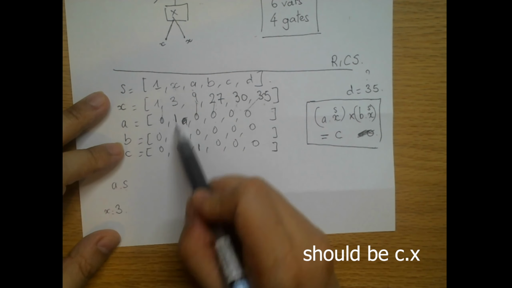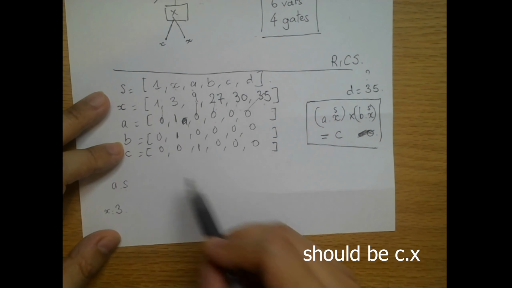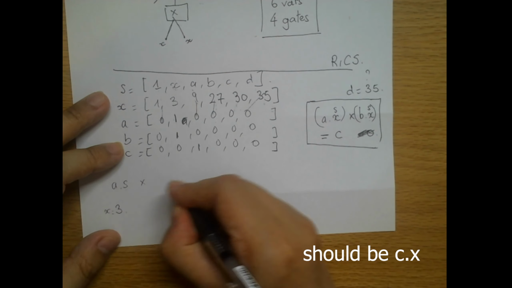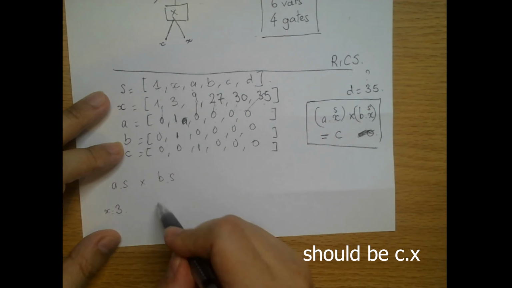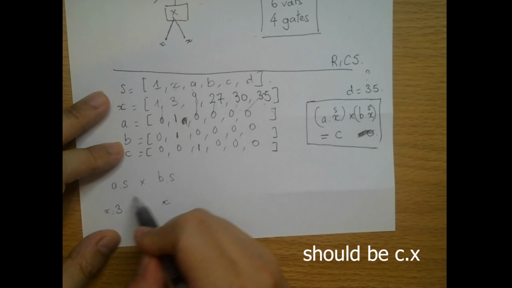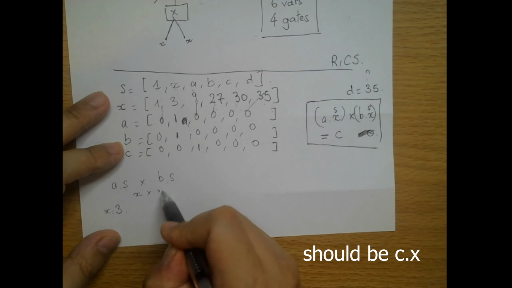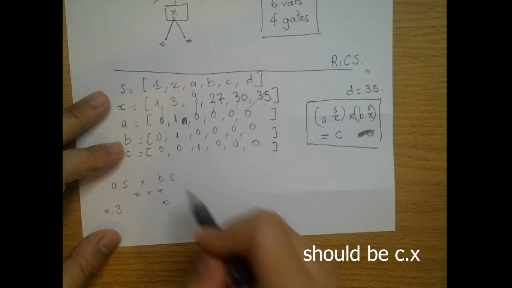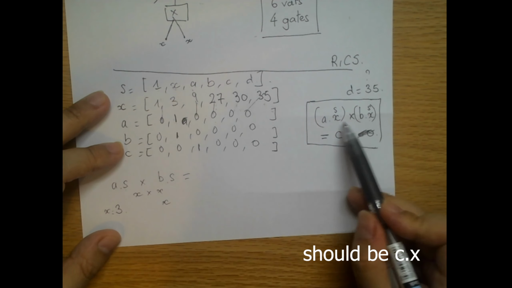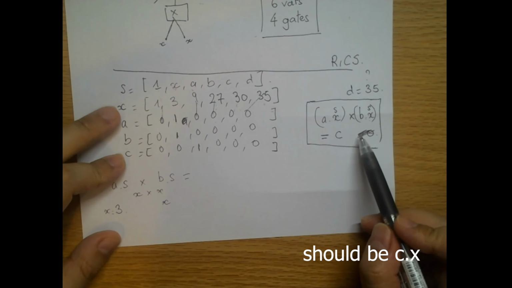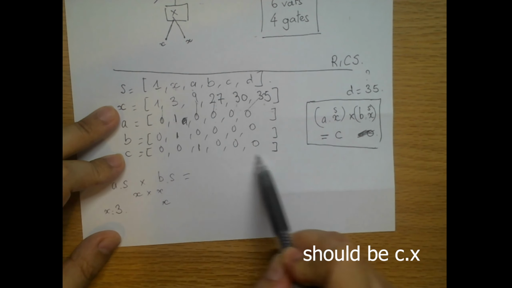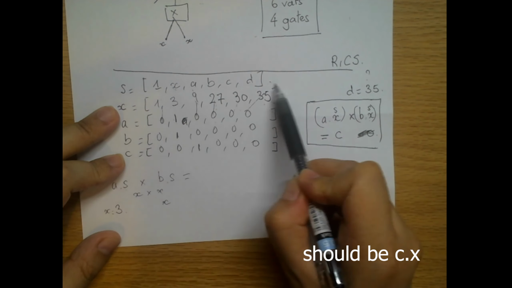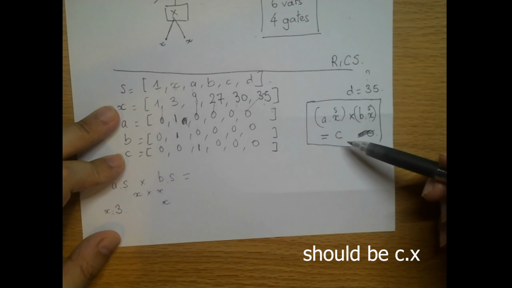And then B is the same, because B is actually the same vector. So if I multiply by B scalar S, I also pick up only the terms in X. So this is actually X times X, right? And then this is a statement that I want to do, C, so I multiply this vector C by this vector here, right?